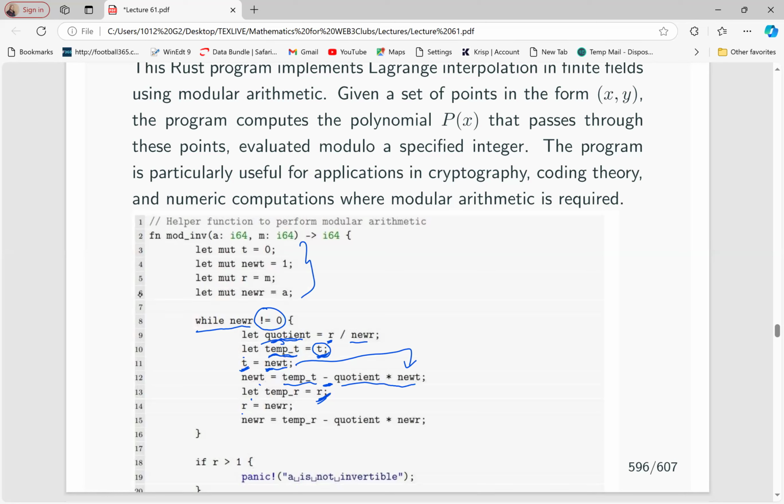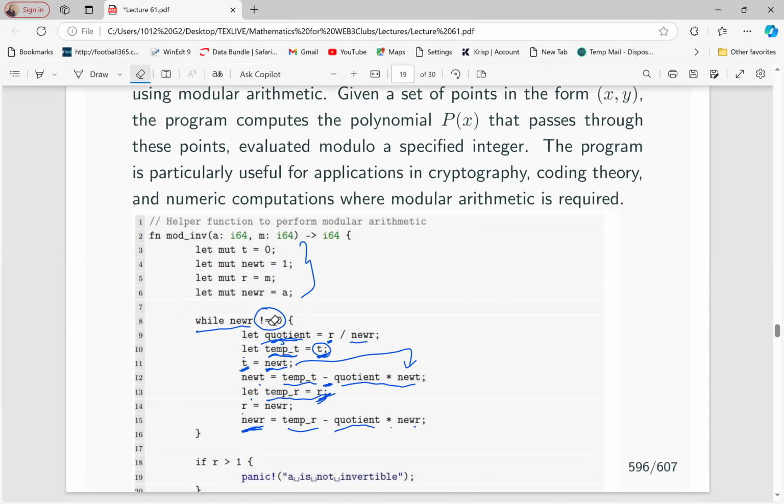Calculate new r as temporary r minus quotient multiplied by new r. When I show you the steps, I think the steps will make this working clear. But that is how the code is doing it to get the inverse.